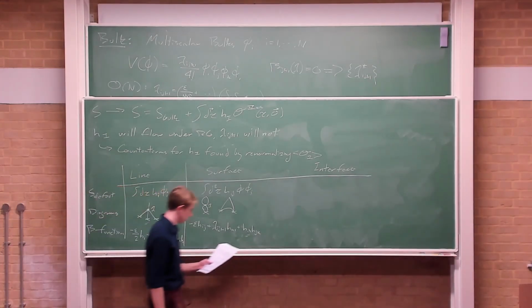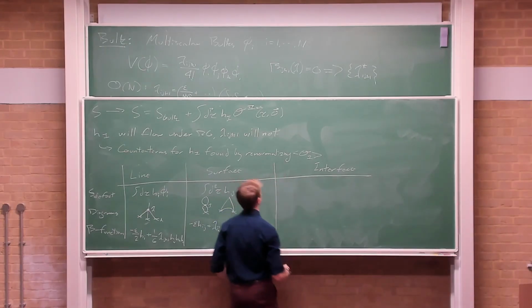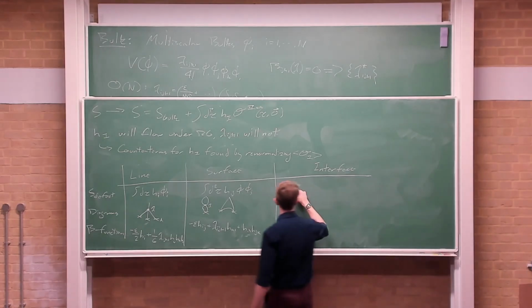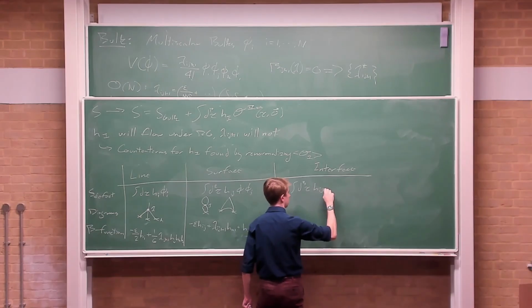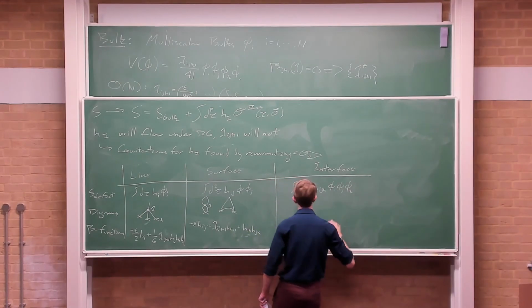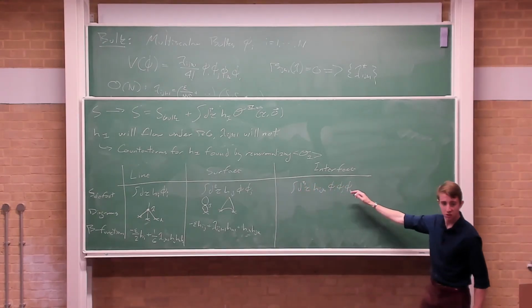And finally, in the case of the interface, we want a three-dimensional operator so we can just have 3 phi's. And you might ask why we don't sprinkle derivatives, transverse derivatives here to make up the dimension.